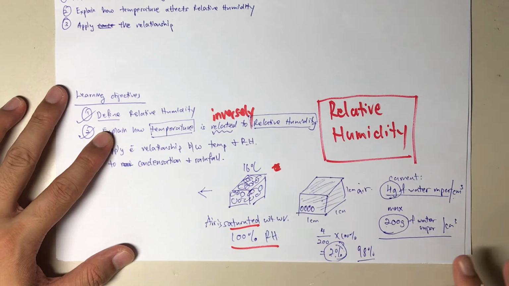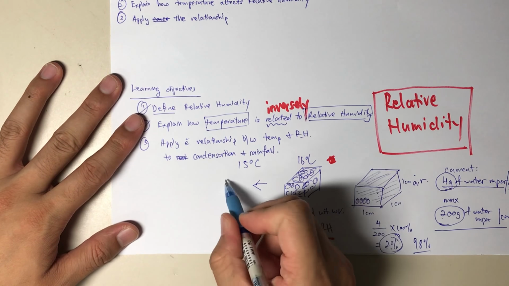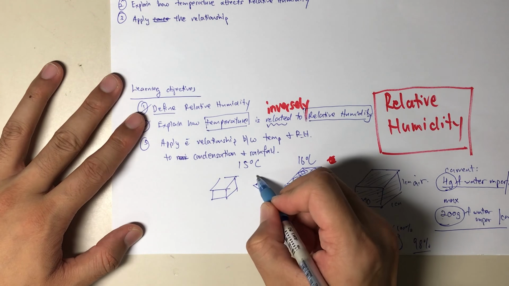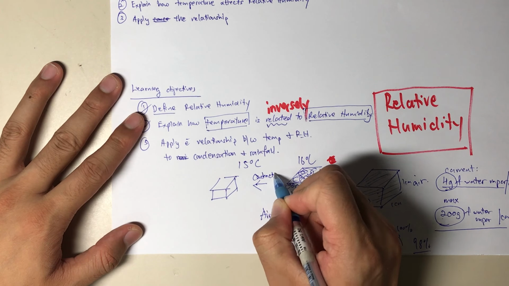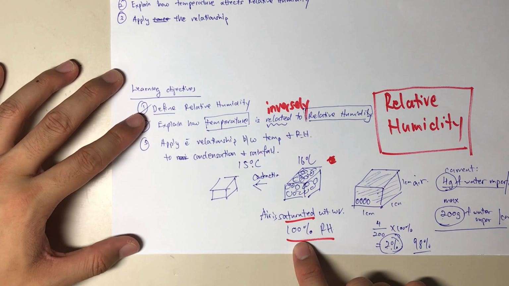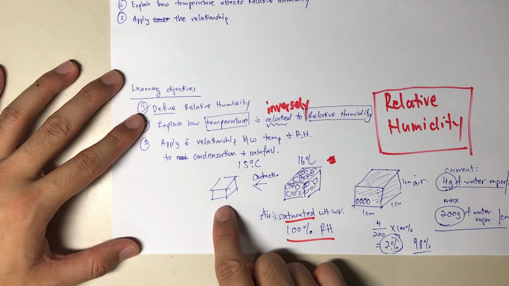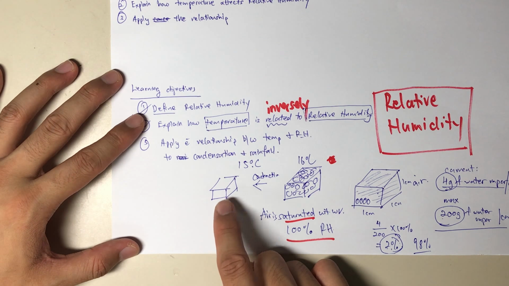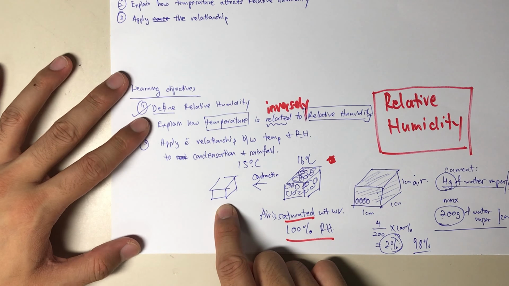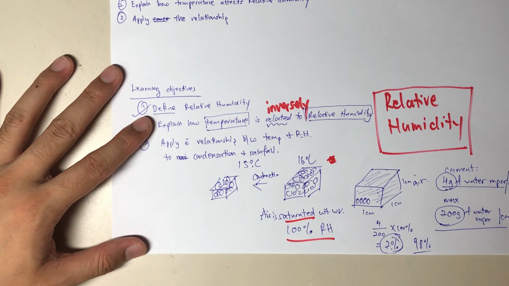If it is reduced to, let's say, 15 degrees Celsius, I should see some contraction because my temperature has decreased. Previously mine is already 100%, no? That means now with a smaller volume, I can no longer hold that much water vapor.